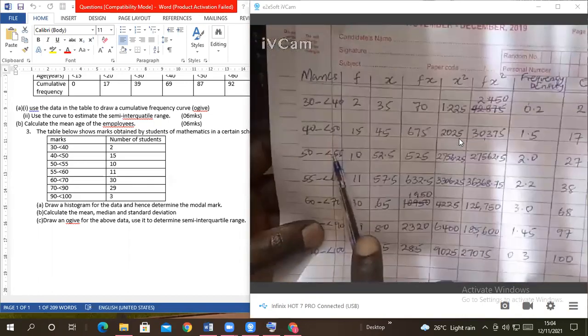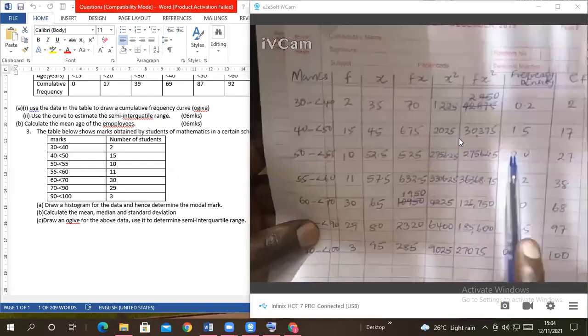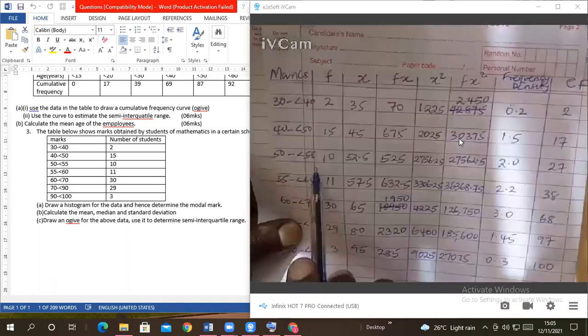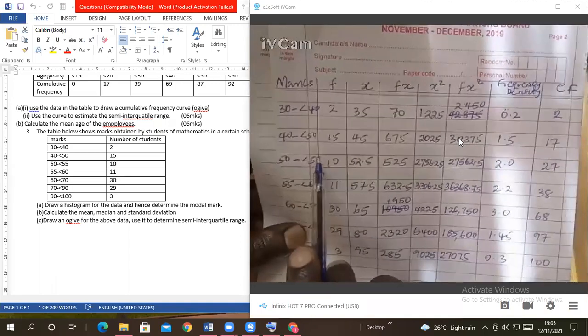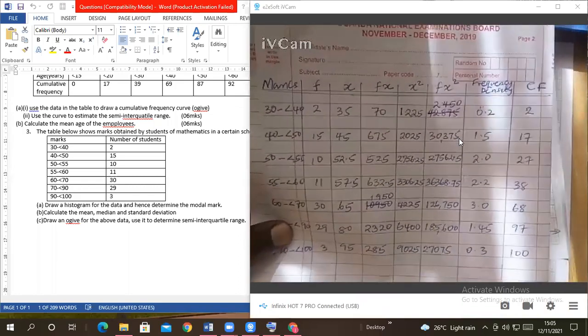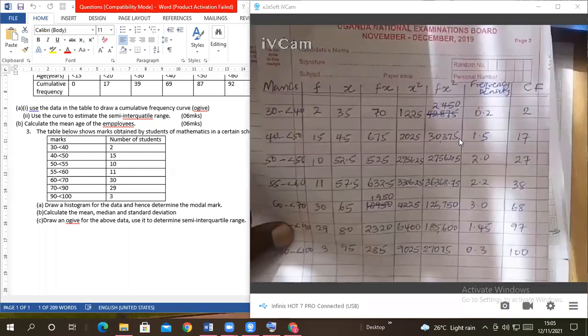Next we are plotting 2 against 55. 2.0 against 55. But the class width here is 5. This time, the width of the bar is not 10 small squares. It will now be 5 small squares. And that's what I'm going to plot. So I look for 2. 2 is right here.